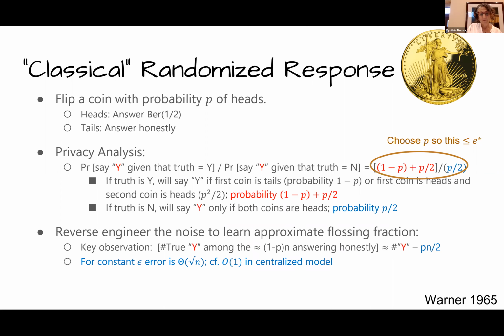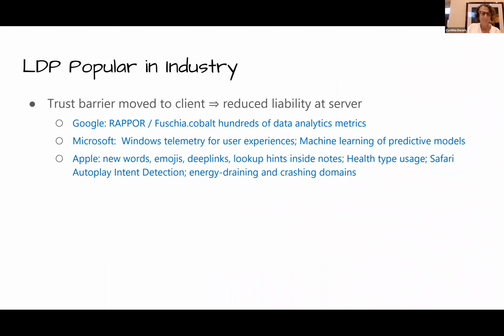Okay. And for constant epsilon, the error that you get here looks like square root of n. And compare that to the centralized model where you have noise that looks like 1. Okay. But despite this, the local privacy model is very popular in industry. And the reason is that the trust barrier was moved to the client. And that means that you reduce the liability at the server.